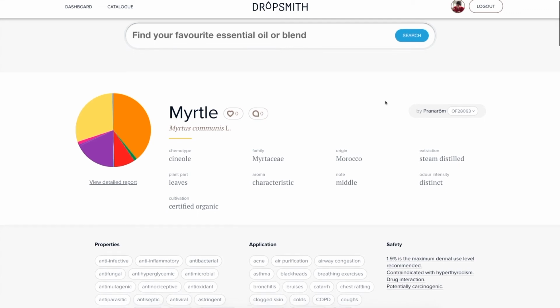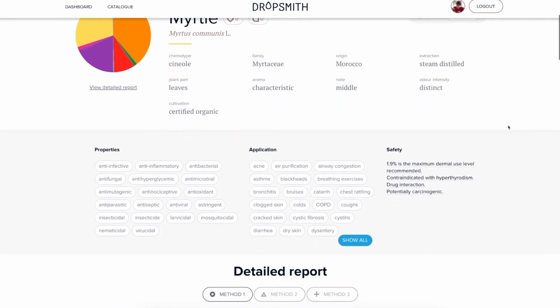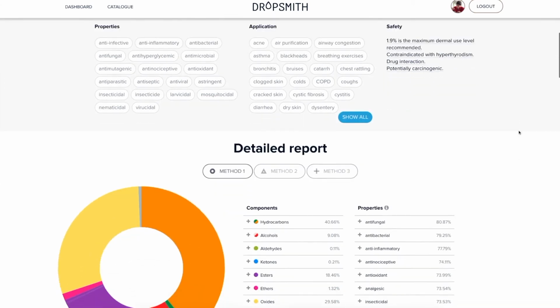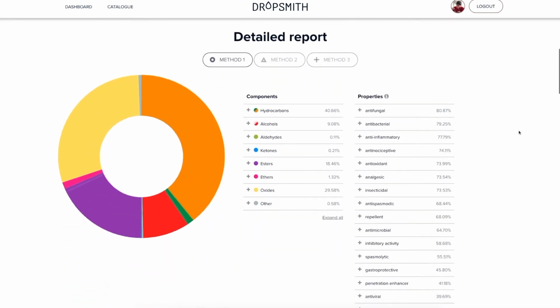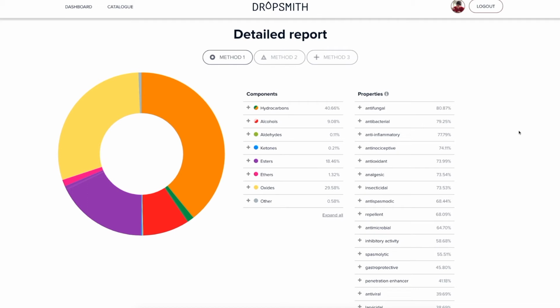So here's our myrtle. It's a lovely oil I like to use. And let's look at chemical components again. Here we talked about classification into groups, and as Katya said, because these groups tend to undergo similar reactions, it can tell us about their reactivity and oxidation, which is useful for knowing things about shelf life.